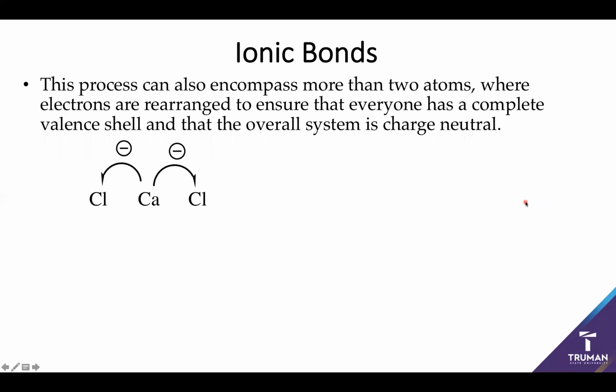However, it's worth noting that you can expand this process not to just describe one or two atoms, but three or four more atoms. So for example, we can imagine something like calcium. It wants to lose 2 electrons, but there might not be any atoms out there that want to accept 2 electrons. So it's going to give 1 electron to one chlorine and another electron to a different chlorine.